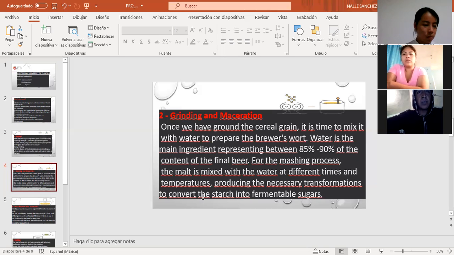During the process the malt is mixed with the water at different times and temperatures, producing enzymatic transformations to convert these starches to fermentable sugars.